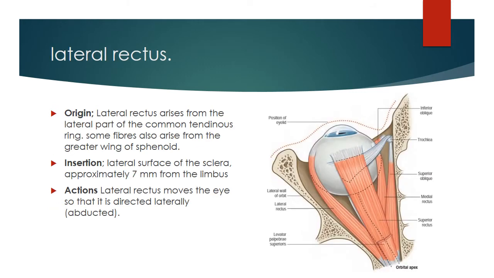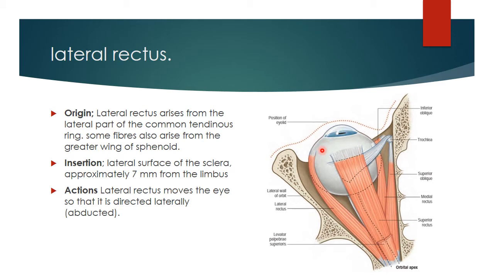Lateral rectus muscle also takes origin from the common tendinous ring. Some fibers also arise from the greater wing of the sphenoid. Its insertion is on the lateral surface of the sclera, about 7 mm from the limbus.